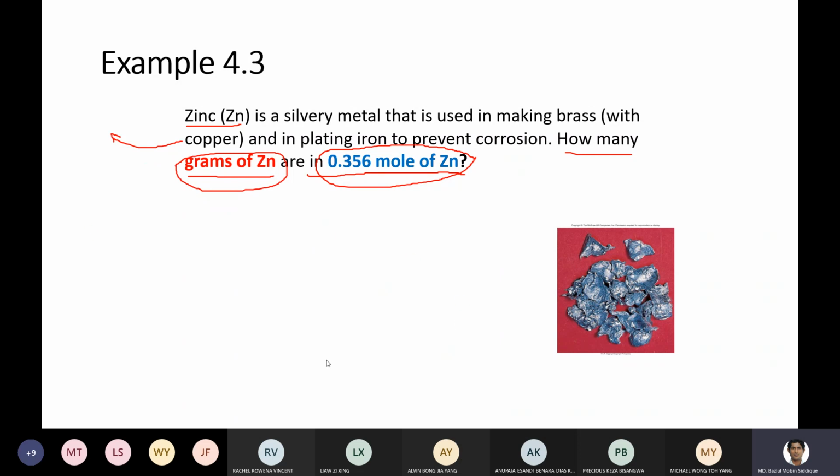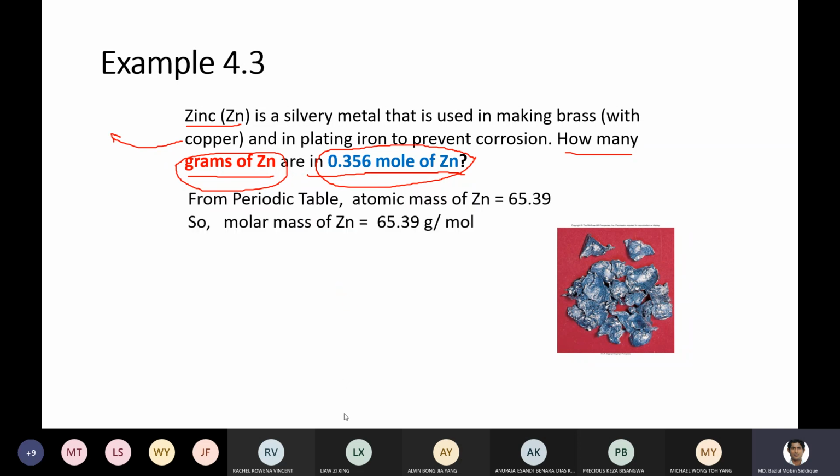For this problem, we have to find the atomic mass of zinc. From the periodic table, we see that zinc is 65.4, or 65.5 if we round it up. So there will be 65.4 grams of zinc in 1 mole of zinc.